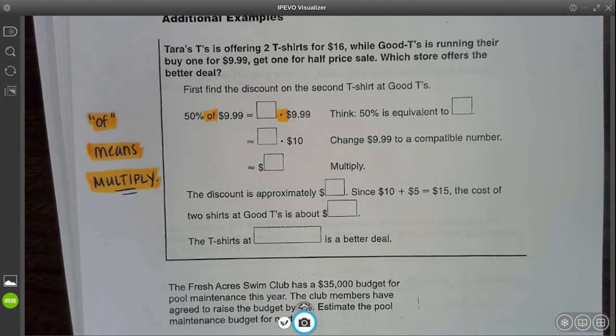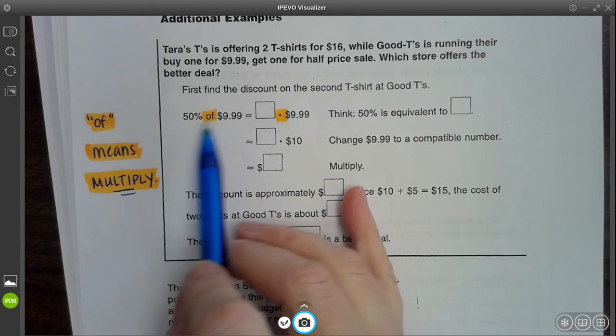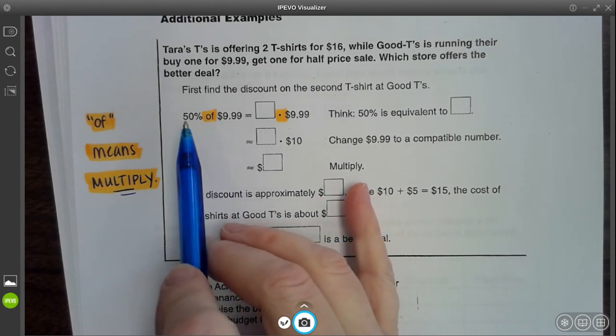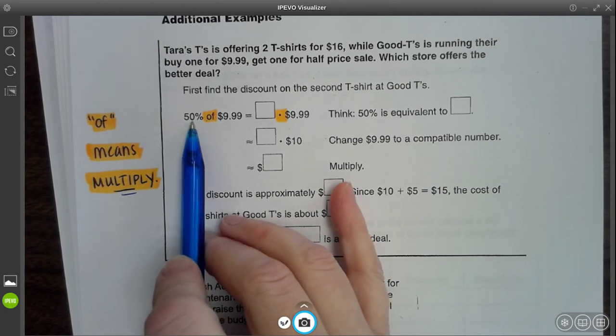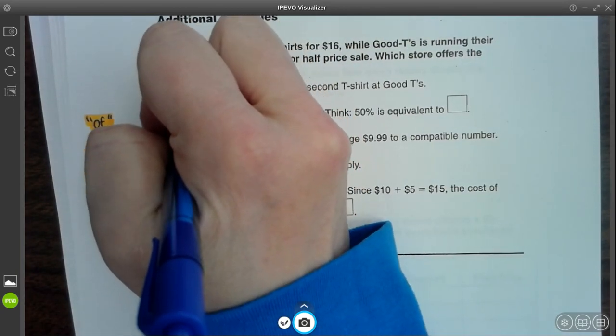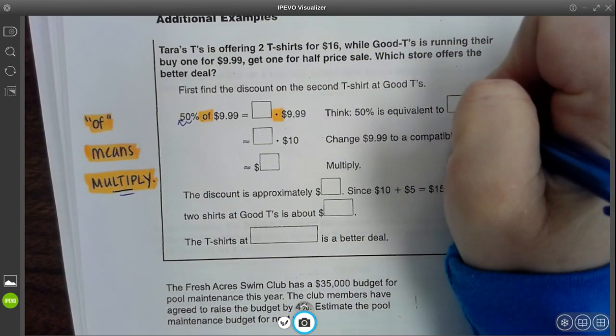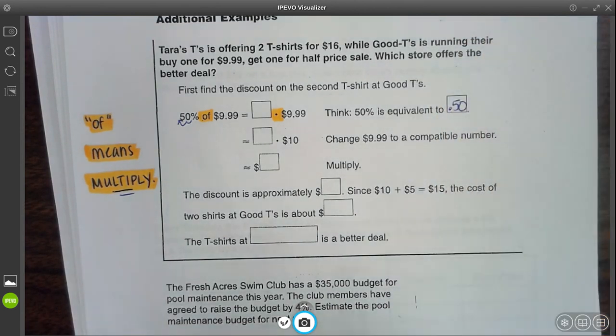So we need to understand that of means to multiply. Now, when I multiply a percent times a number, we can't do that, okay? We can't multiply 2 things that are not alike. So I have to change the percent into a decimal first. So 50%, if I move that decimal point 2 to the left, 50% is equivalent to 0.50 or 0.5.